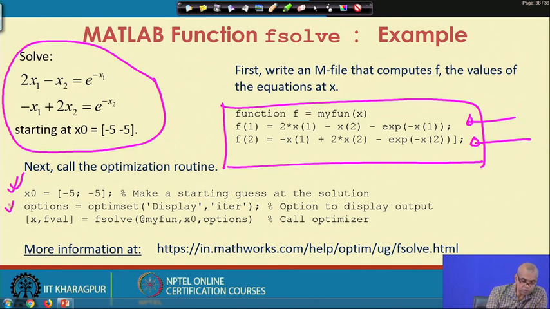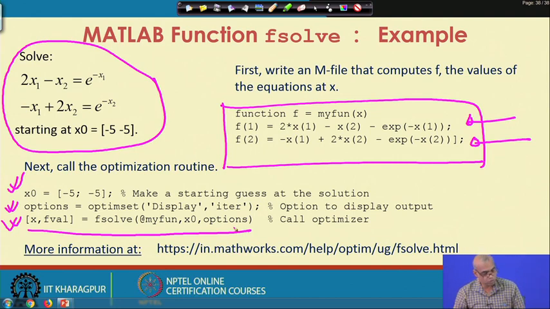You can supply options through optimset Display iter, that means every iteration will be displayed, or you may not want it, and then you call fsolve as x, fval equal to fsolve at myfun, x0, options. So, this is the syntax that has to be used and this is how we call the optimization routine. More information can be found at the MATLAB website.